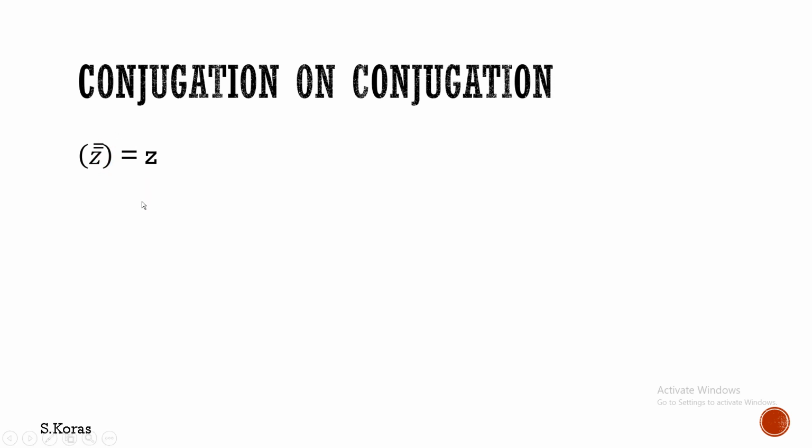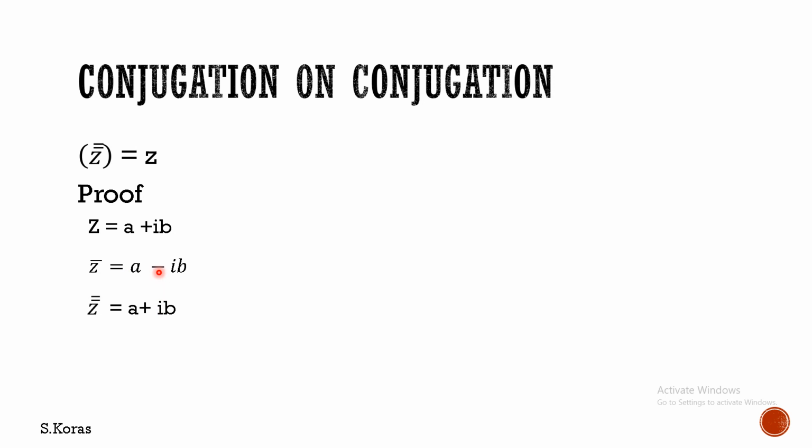It's very simple. Let us consider a complex number Z equal to A plus IB. If you take the conjugate of this, you know very well you have to change the sign of the imaginary part, so plus I will become minus I. Again, take the conjugate on both sides. For this Z bar we are taking the whole bar. Here, if you take the conjugate, the rule is to change the sign.